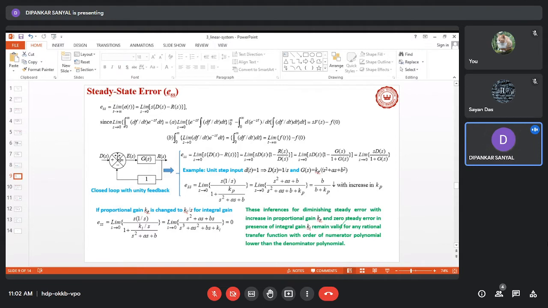And if we excite this plant with a sinusoidal function, then this sinusoidal function, which is either s/(s²+ω²) or ω/(s²+ω²), has two poles on the imaginary axis. So that part of the solution will stand even after the subsidence of the dynamics corresponding to this G(s) part.